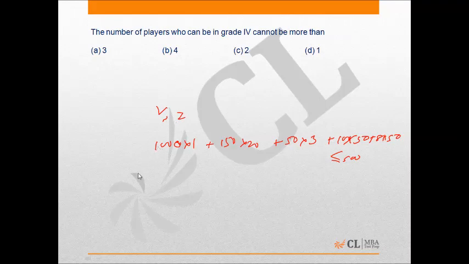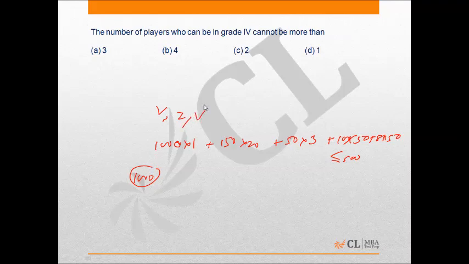It means the minimum number of runs that Sehwag would have scored has to be 1000, and if we consider his minimum number of runs at 1000, the total number of points that we get for Sehwag will be less than 5000, so he can also fall in this category.